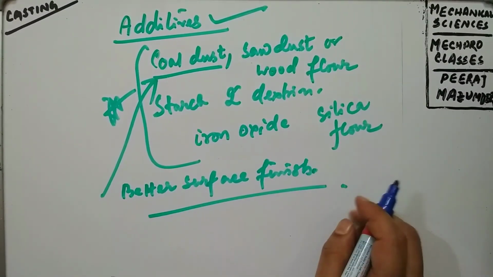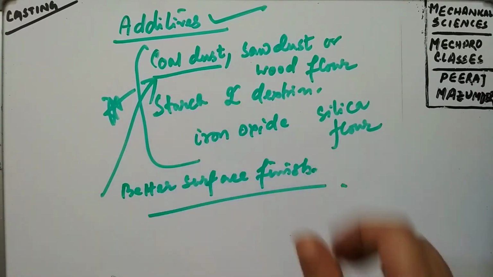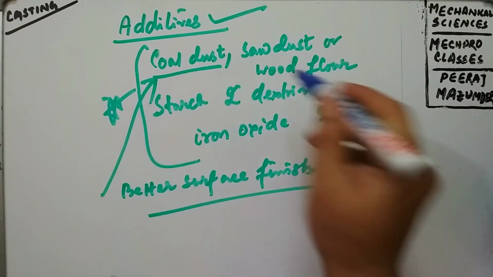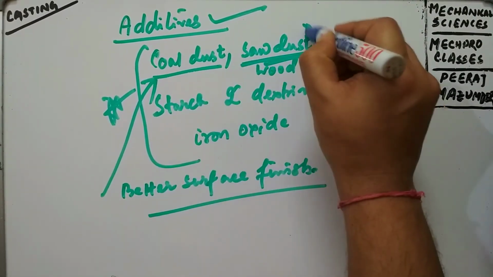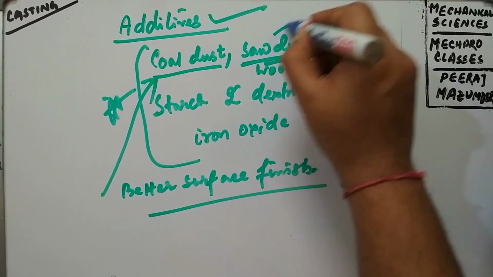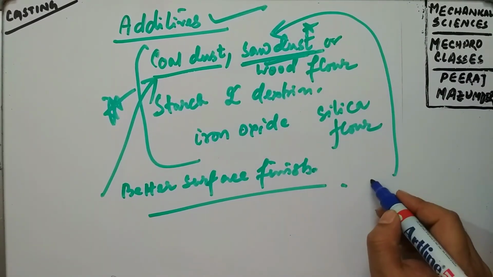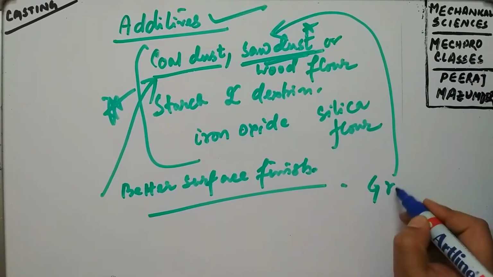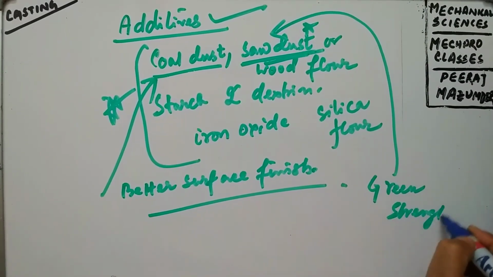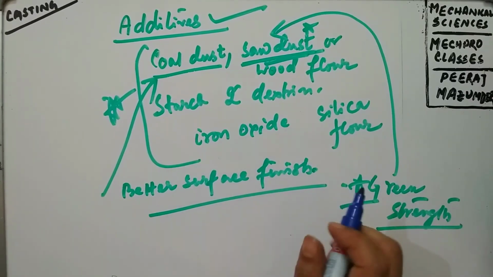For sawdust and coal dust, you can find this type of question in different competitive examinations. They ask why we are adding coal dust or sawdust. Sawdust you must take a note, we add for proper green strength, or higher green strength. These two additives are very important and asked by many competitive examinations.